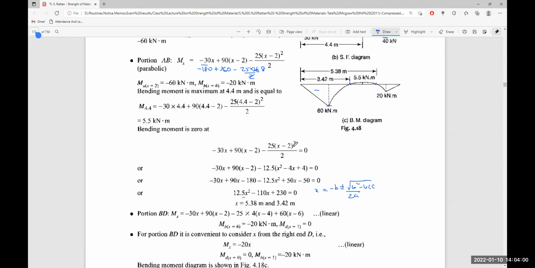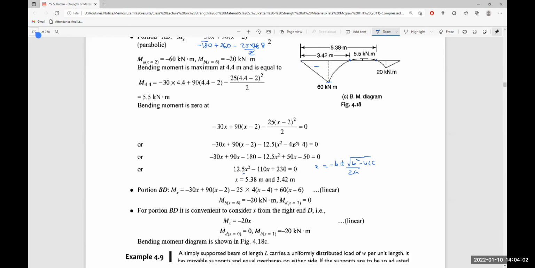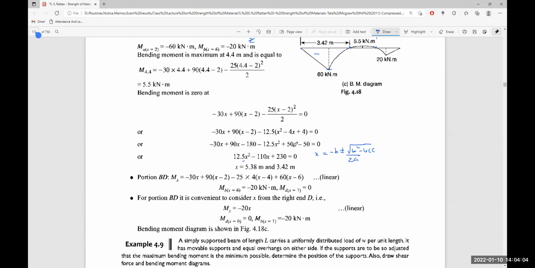For the portion BD, taking the right side end of the beam, the bending moment is equal to minus 30 x, which is creating an anti-clockwise bending moment, plus reaction 90 into (x minus 2), which is creating a clockwise bending moment.